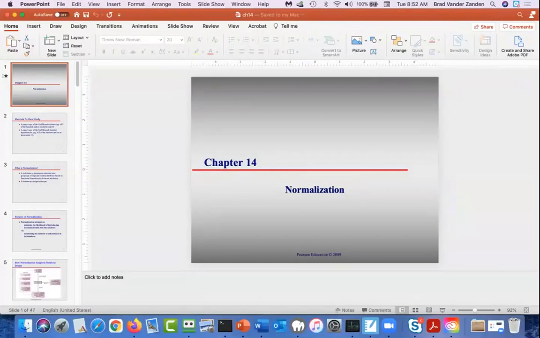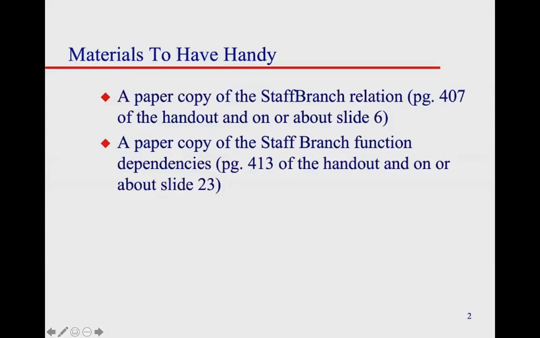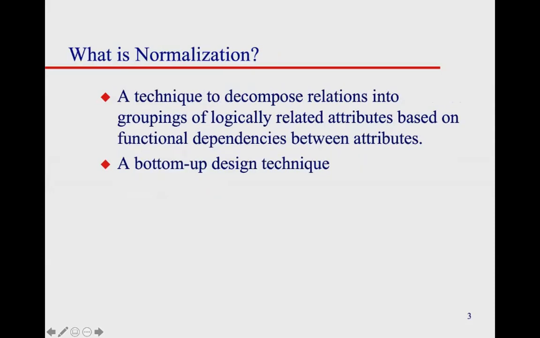So let us get to that. Normalization is a mathematical technique. It's an algorithm. Top-down design using ER diagrams is a subjective exercise. It's really based on judgment, and you could well argue that there are multiple ways to do it.